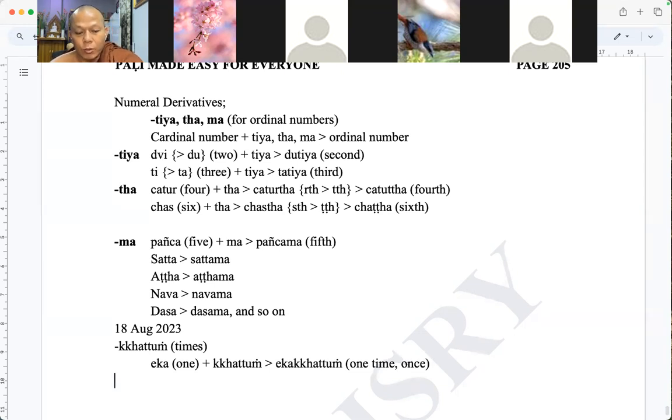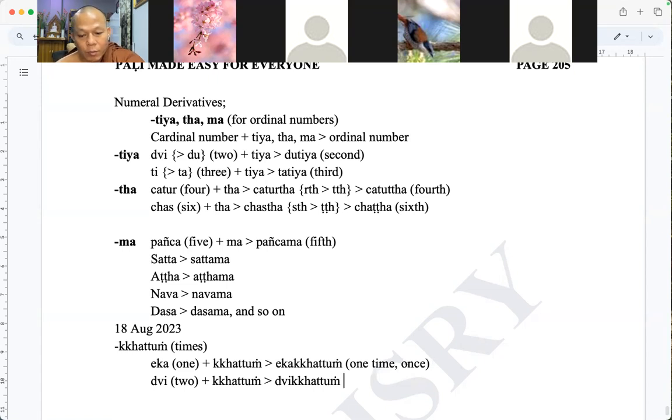The same way to dvi, ti, catu. So to dvi also, we don't need to change anything, you see.